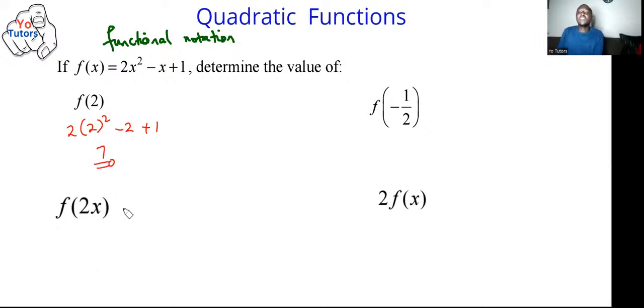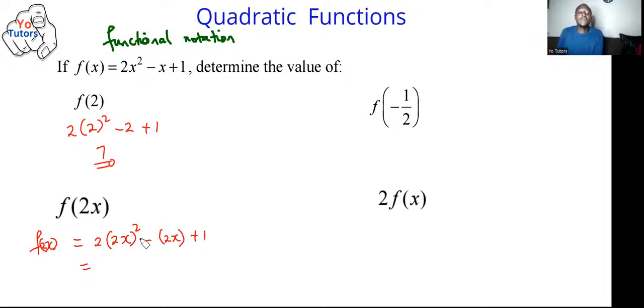What about if we are saying 2x? It means that where there's x, we are putting 2x. So f of 2x is going to be equal to (2x) squared minus (2x) plus 1.